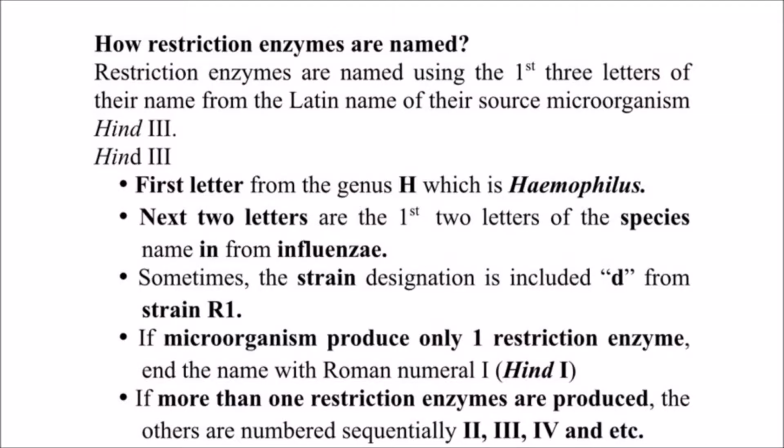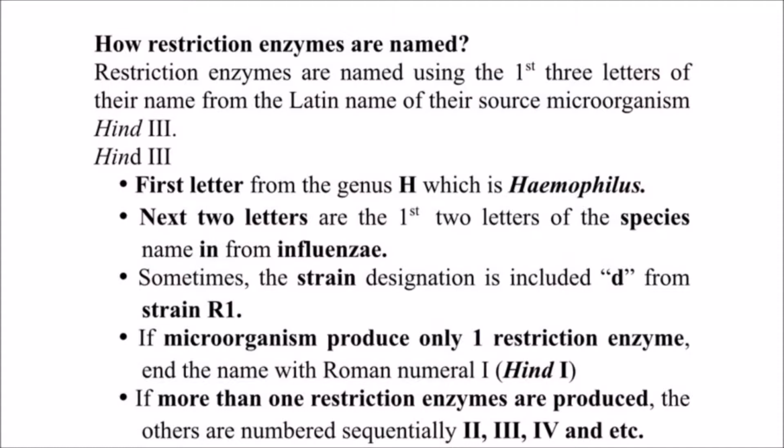How are restriction enzymes named? Restriction enzymes are named using the first three letters from the Latin name of their source microorganism. The example that we took is HindIII. The first letter is from the genus, H, which is Haemophilus. The next two letters are the first two letters of the species name, influenzae.